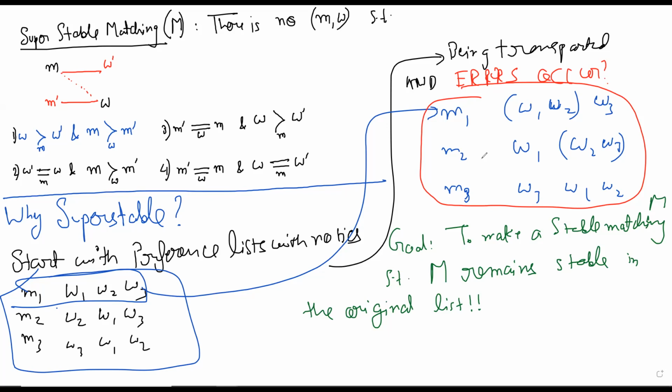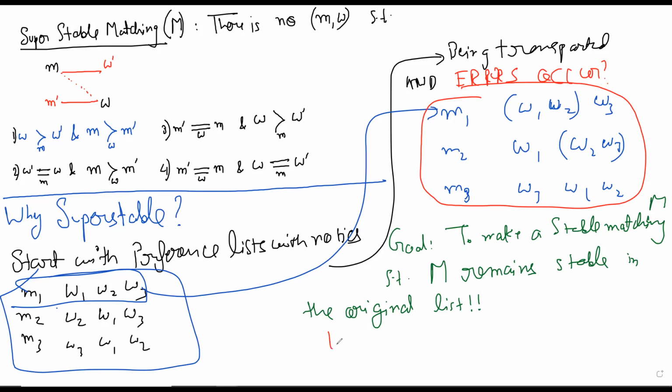So it's like no one is lying, but they're kind of not telling the truth. Let's say M1 is not willing to say which of W1, W2 is higher ranked. So he's not lying, but he's not telling the complete thing. So this is what you have access to. And now with this information available to us, we want to design a matching which will work even in the original case.